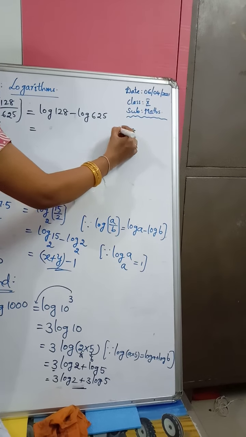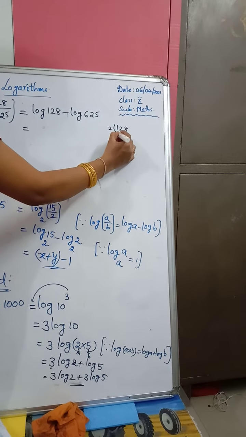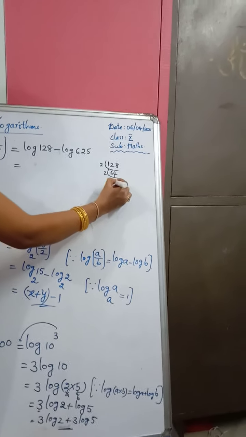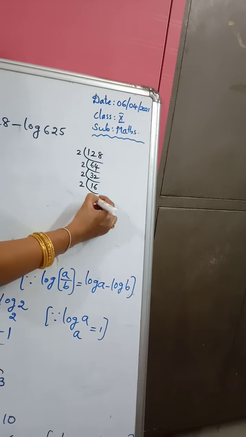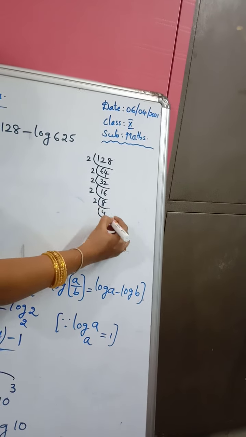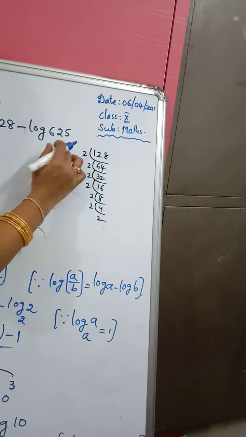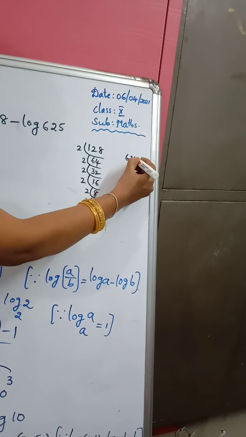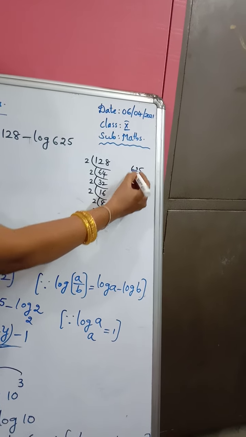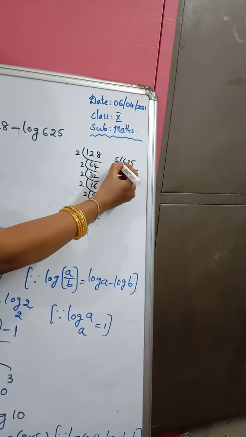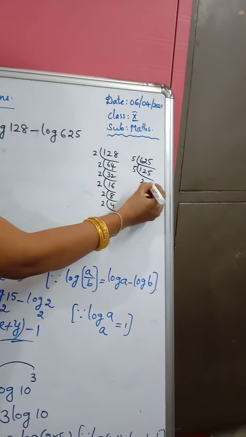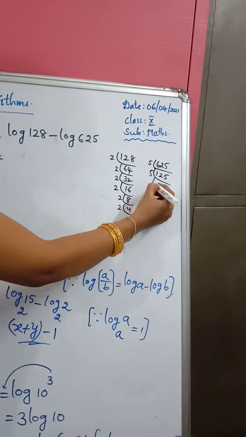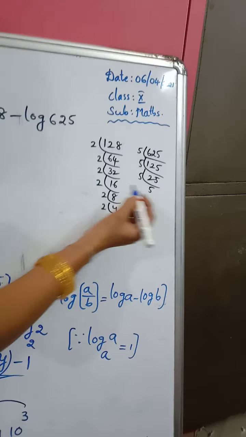We will get 2 sixes are 12, 2 fours are 8, 2 threes are 6, 2 twos, 2 ones. In the same way for 625 also, we write 25 times 25 is 625. 5 ones are 5, 5 twos are 10, 5 fives are 25.